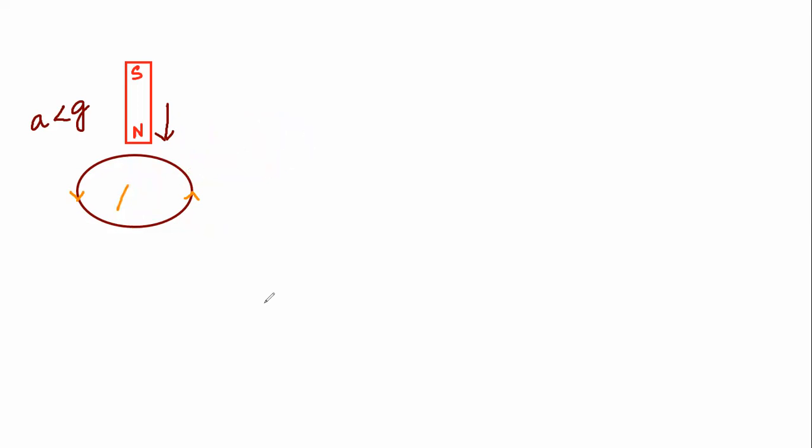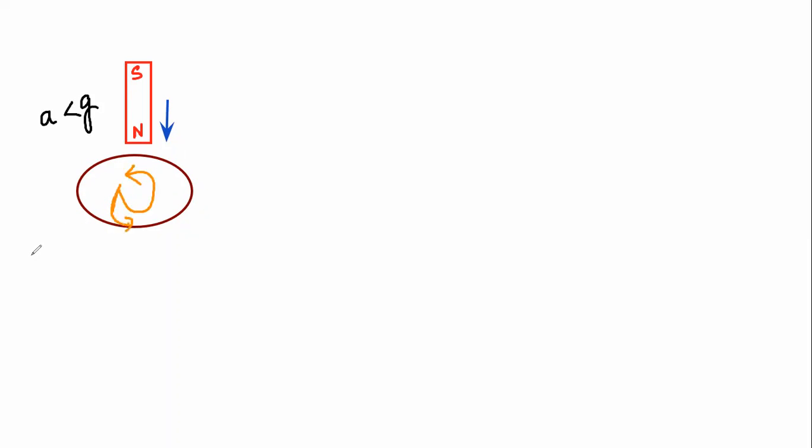Once again, I'll repeat. Whenever we are dropping a bar magnet into a circular loop, then the acceleration of this bar magnet will be less than the acceleration due to gravity, because whenever this bar magnet is dropped, this loop will act like a north pole.